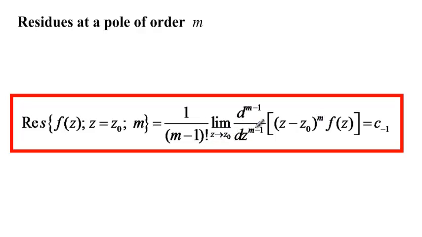Then after calculating the limit of such expression, we then multiply by 1 over m minus 1 factorial, which again here is the factorial of a number 1 less than the order of the pole. It's very important to look at this formula carefully and be able to apply it in each case depending on the value of m. Apply it carefully to compute the residues.